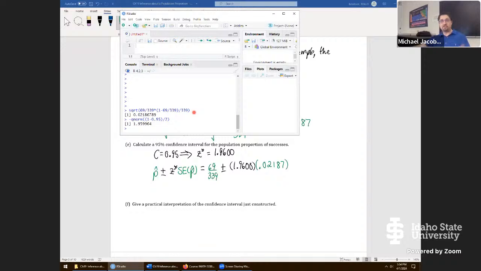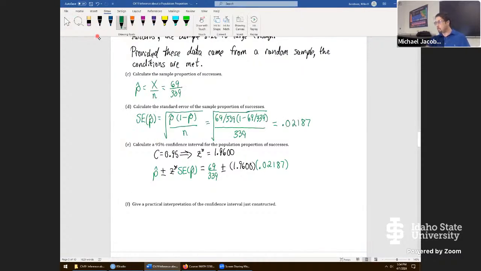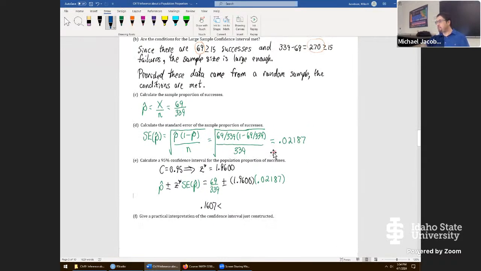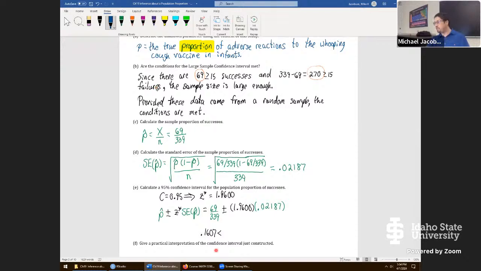Next step is just to, again, jam it back into the calculator. It'll be 69/339 minus 1.9600 times 0.02187. Provided I didn't miskey anything, our lower end is 0.1607 if we round to 4 decimal places. 0.1607 is less than, and now our parameter P comes back in the picture.